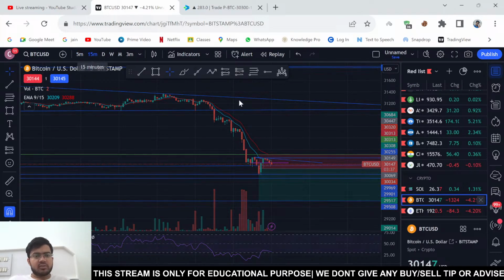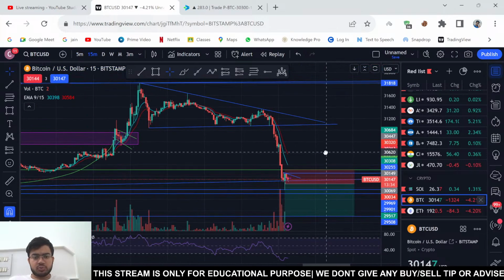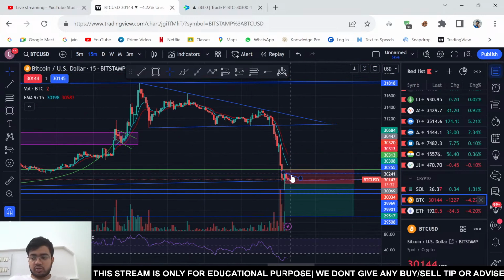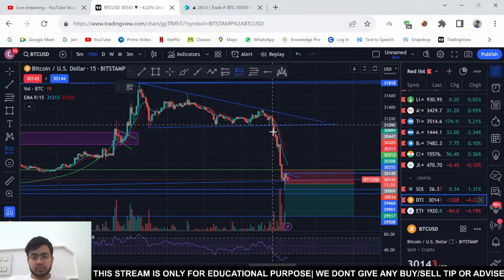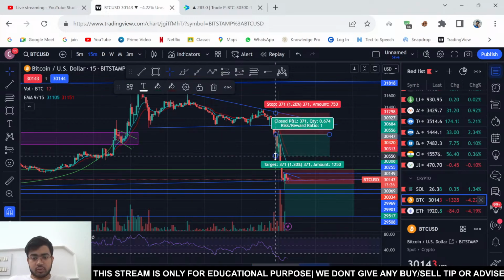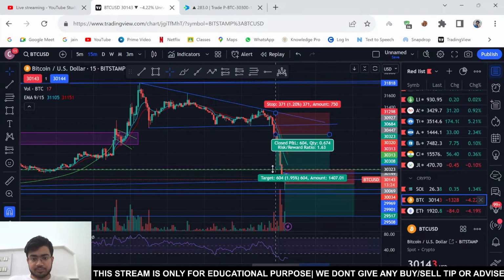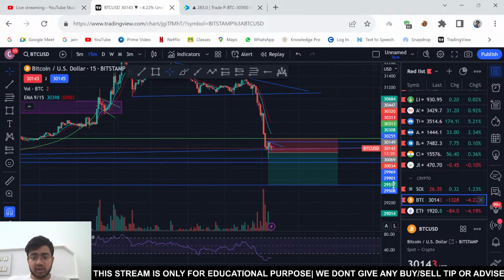Well, honestly, guys, the day is supposed to end green because this big of a move was captured by me from this level to this level. So the day has ended green, I believe.